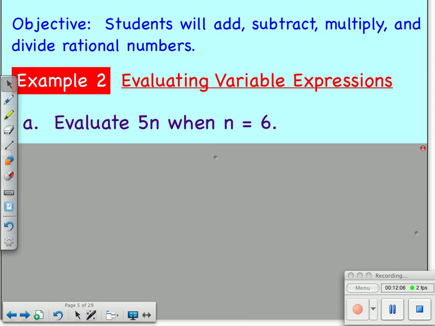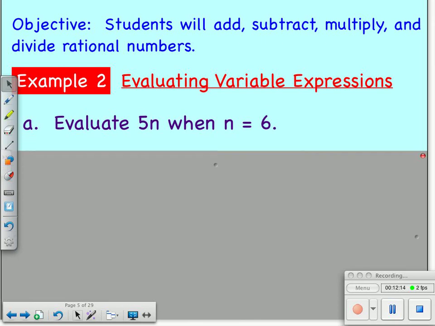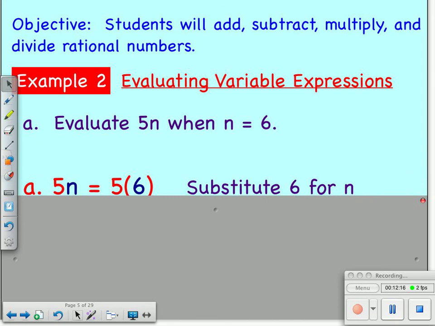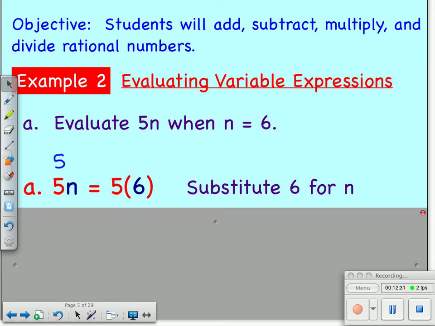Since n equals 6, what I know here is that the value of n can be replaced with the number 6. So I'm going to, just as it says here, substitute 6 for n. Now if I were just to put 6 where the n is, like this for instance, as you can see, I would have the number 56.